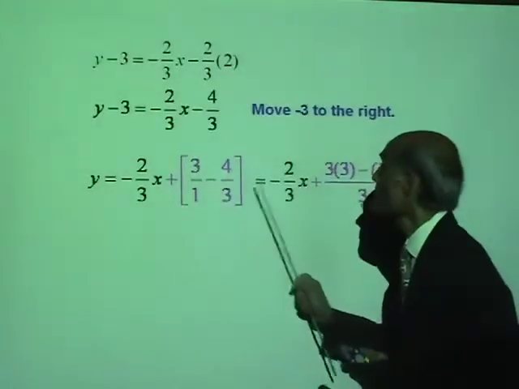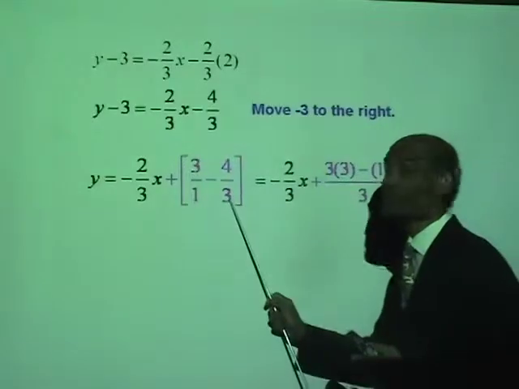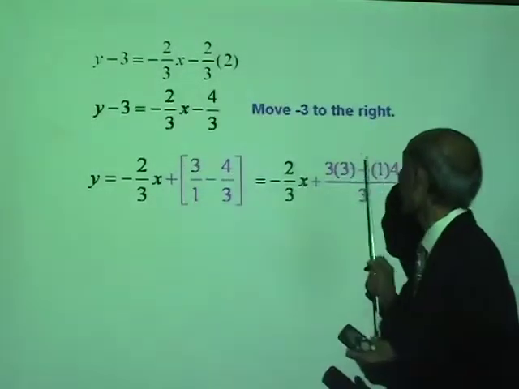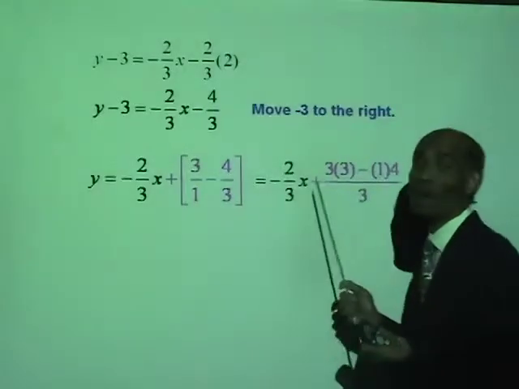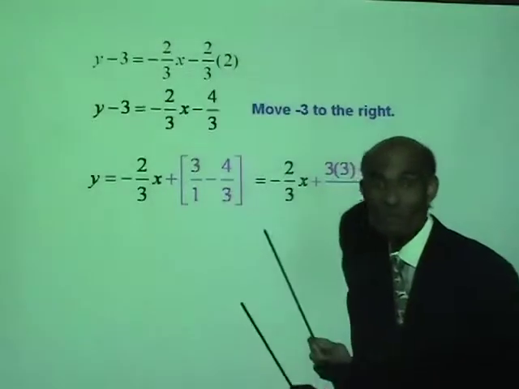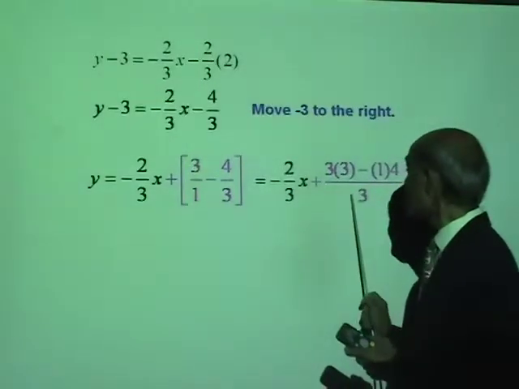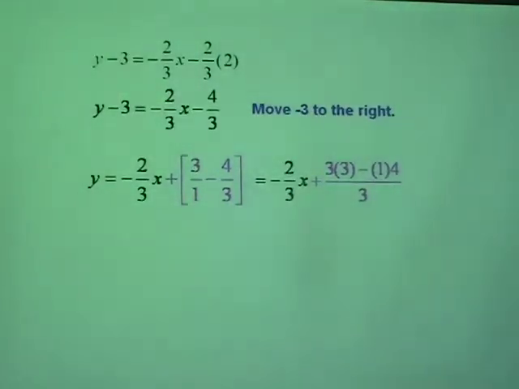Minus 3 divided by 3 is 1. And this 4 will be multiplied by 1. Also, you remember another method I gave you. This 3 is 1 times 3. Let's write it that way. You see, this is 1 times 3.